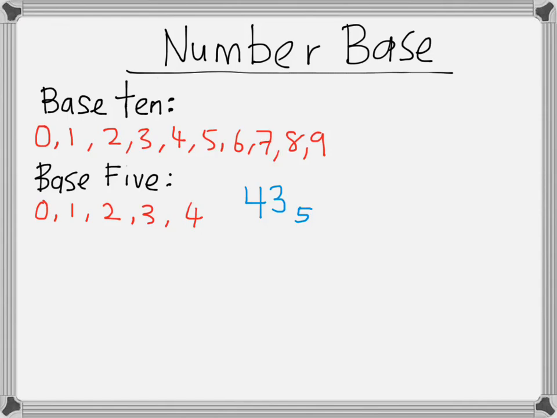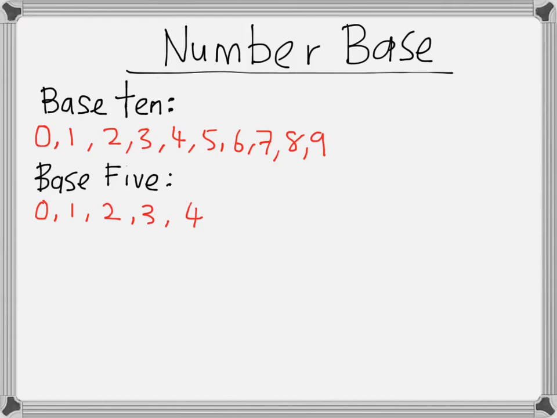If you want to find the value in base 10, you have to understand that the 4 here is actually 4 multiplied by 5 to the power of 1, and the 3 here is 3 multiplied by 5 to the power of 0. Never mind, this one I will explain later. We just go step by step.